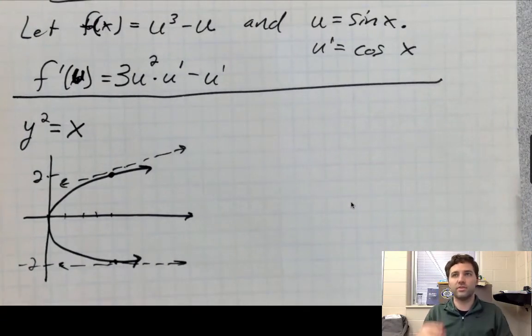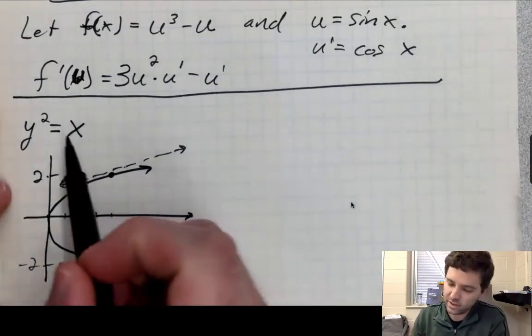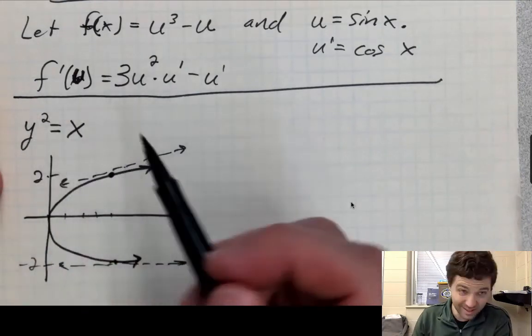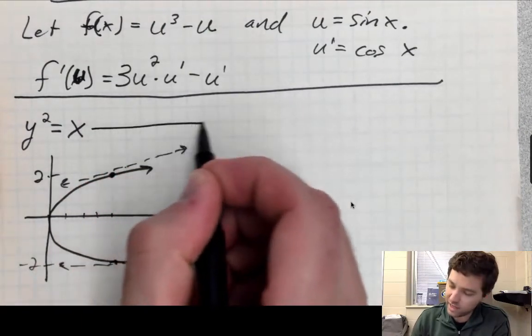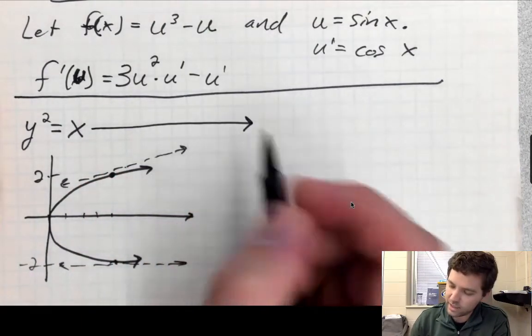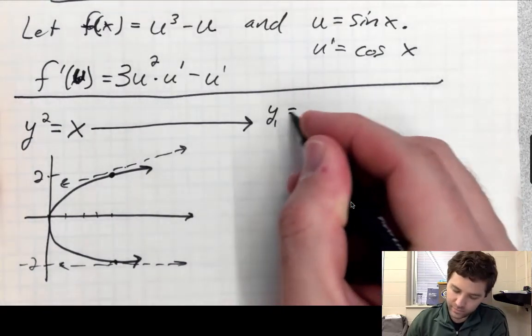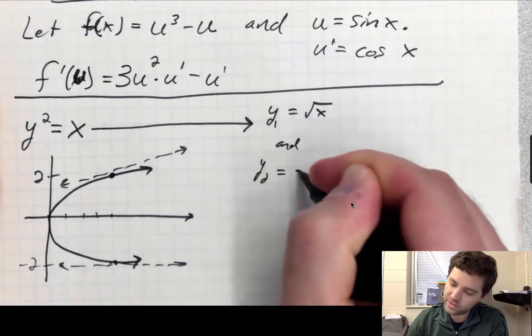All right, so this is a curve that is not a function, but we could ask the question, can we find tangent lines on this curve? This equation is called an implicitly defined function. It's implicitly defined because implied within this equation is the following: y1 is square root of x, and y2 is negative square root of x.